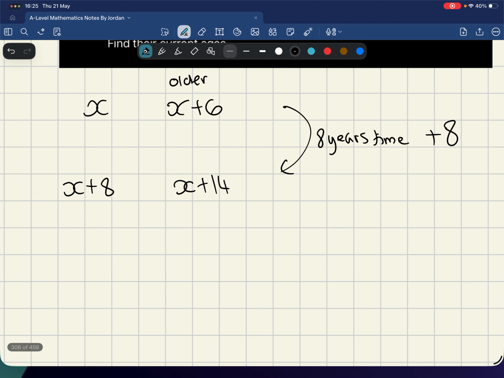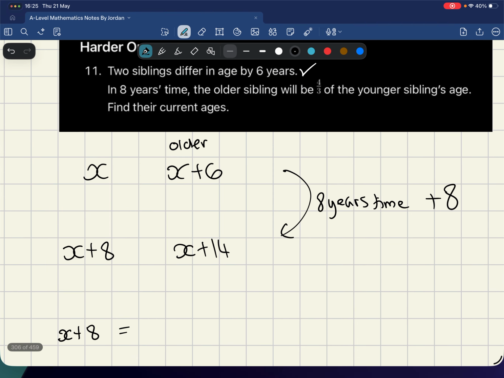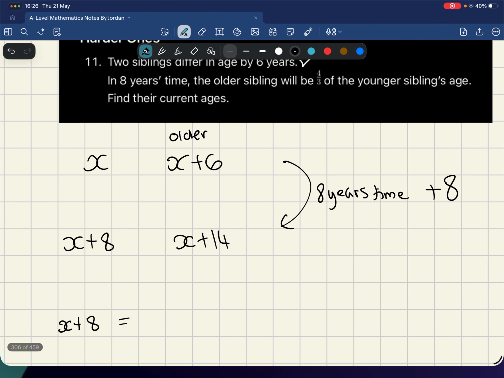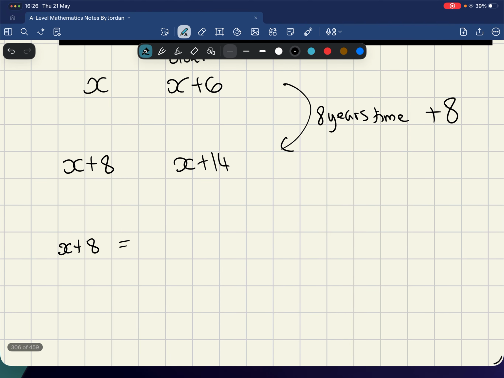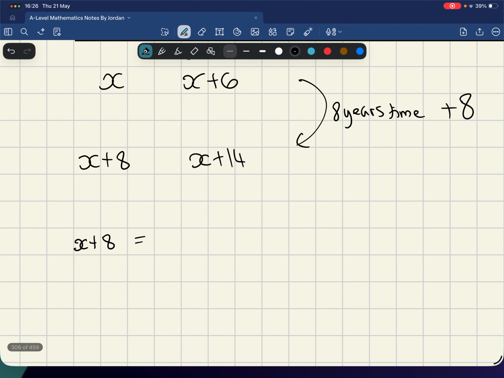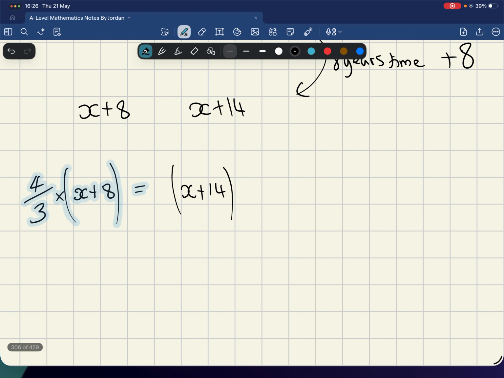X plus 8 is the younger sibling's age, and if I take the younger sibling's age and multiply it by 4/3, that gives me the older sibling's age.